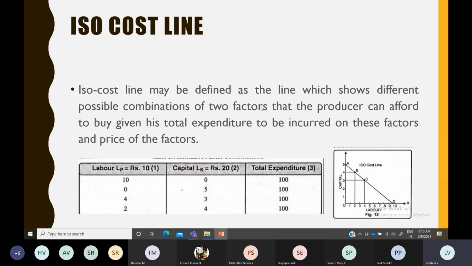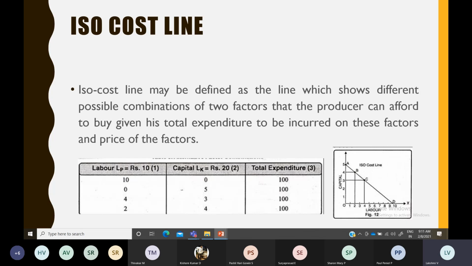Next comes the iso-cost line. This is somewhat similar to the budget line. Budget line is otherwise known as the price line. If a consumer wants to consume two kinds of products, he has to fix a budget, because his income is a major thing.